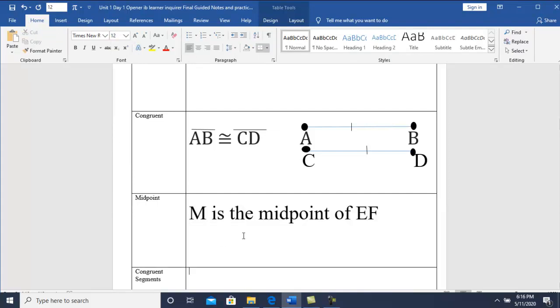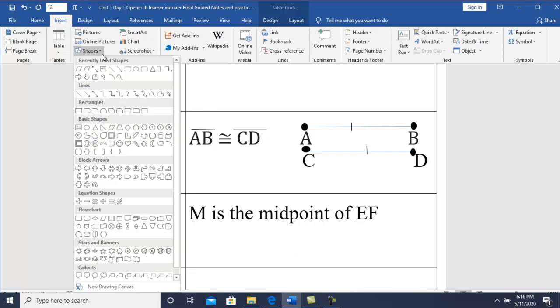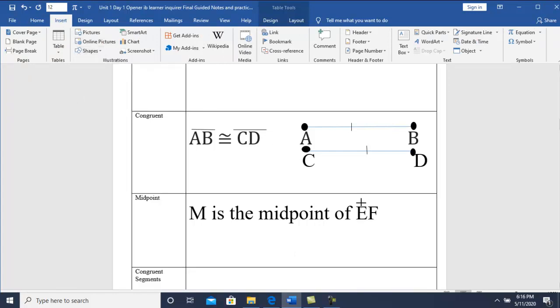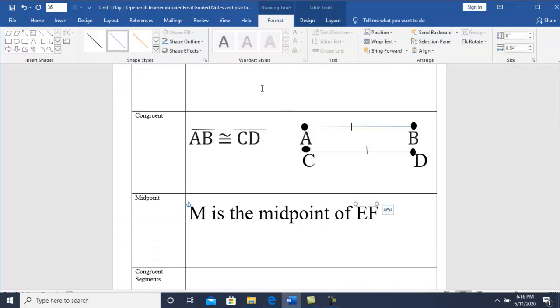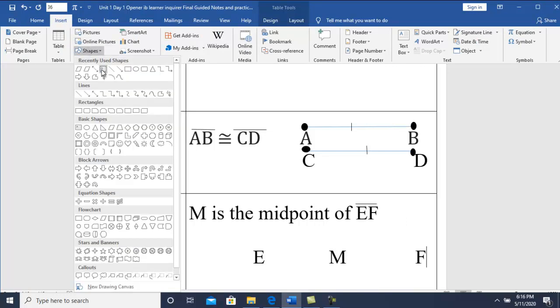Now EF is a line segment, so we draw a line above E and F, and it just tells the readers that's a line segment. So we're going to have E, then M in the middle, and then F.